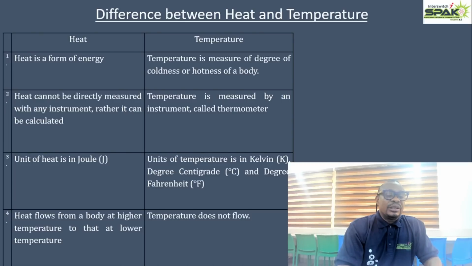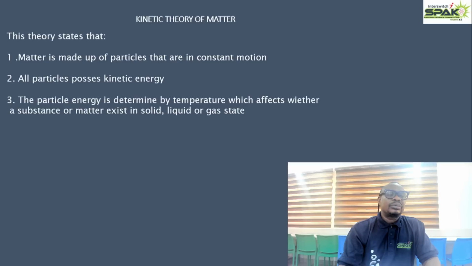As I said earlier, temperature does not flow, but heat energy does. So there are several differences between heat and temperature, which tell us that they are two different concepts.